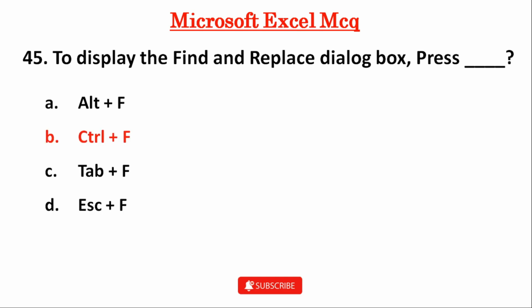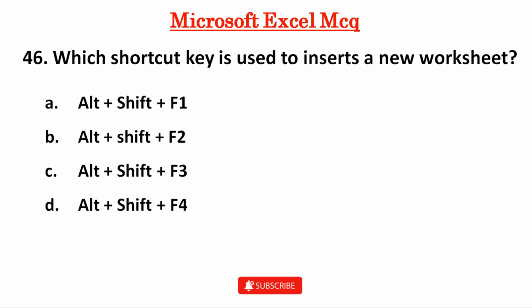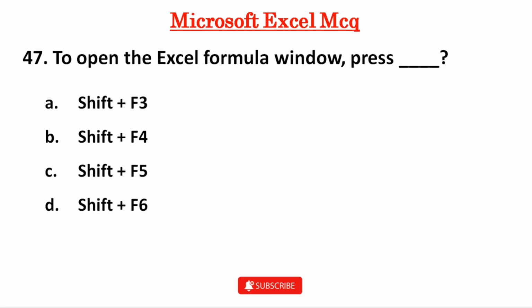Right answer is Control plus F. Next, which shortcut key is used to insert a new worksheet? Right answer is Alt plus Shift plus F1. Next, to open the Excel formula window, press dash. Right answer is Shift plus F3.